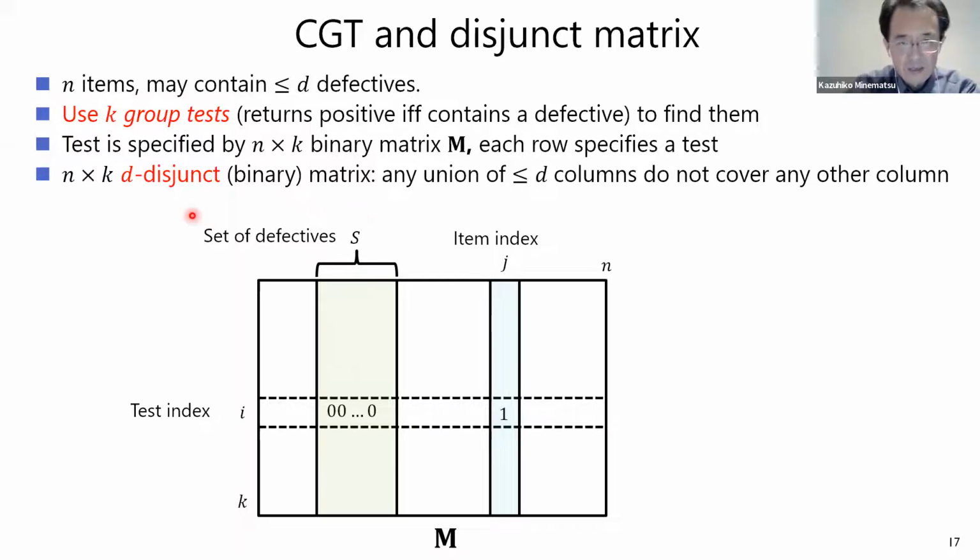We say that the matrix is D-disjunct if any union of at most D columns does not cover any other column. That means that if we choose a set of at most D columns, and then choose another column, there exists one row such that the chosen part is all 0 and the other column is 1.